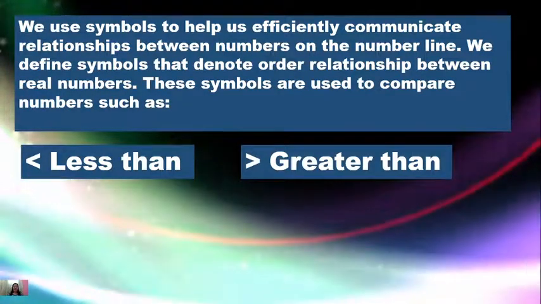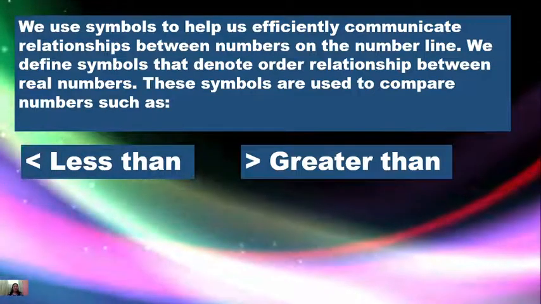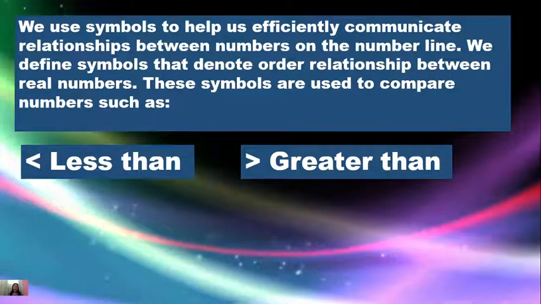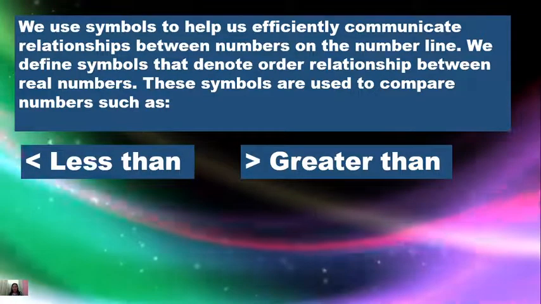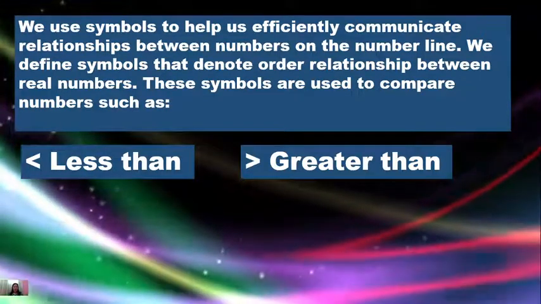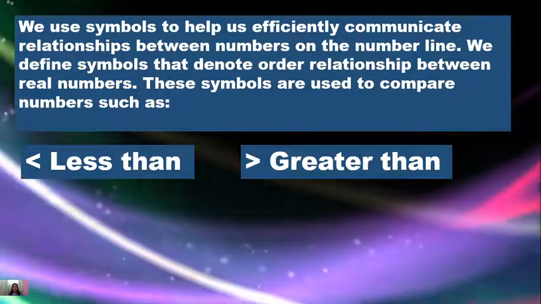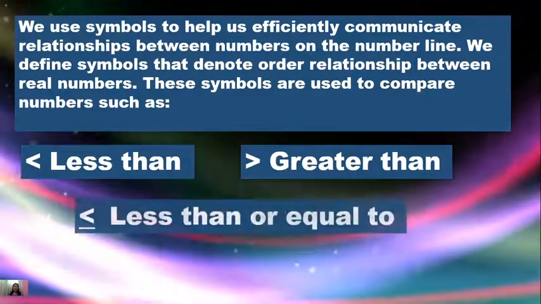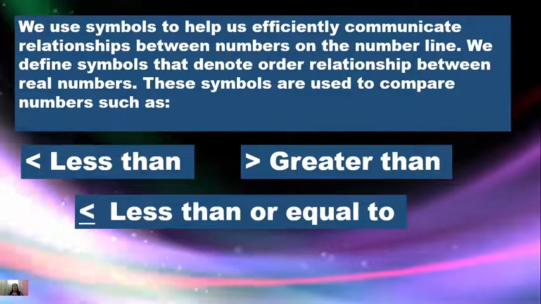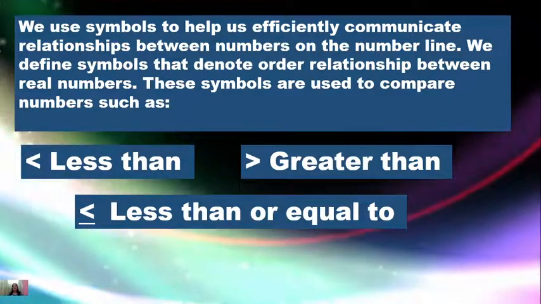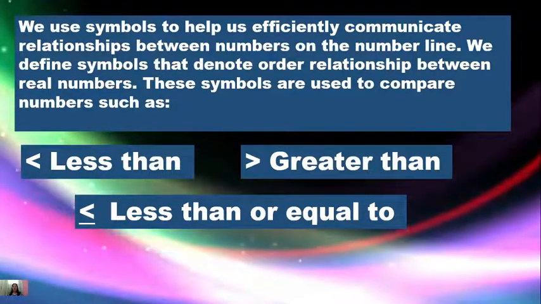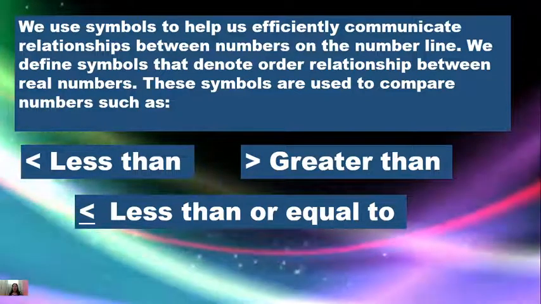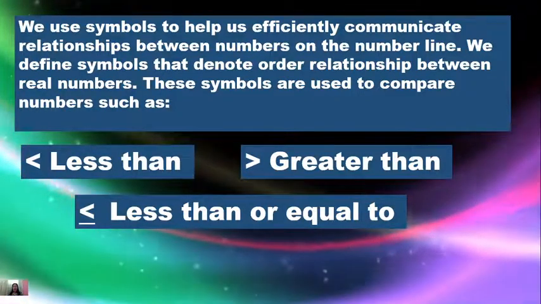Let's say the relationship between 8 and 5. 8 is greater than 5. Ibig sabihin, yung 8 ay mas malaki sa 5, denoting its value. Okay? Next, less than or equal to. Let's say our real number is 5. What are the numbers less than or equal to 5?